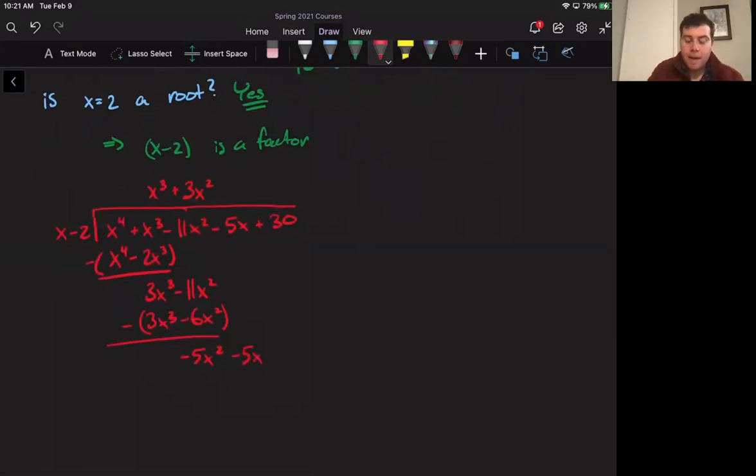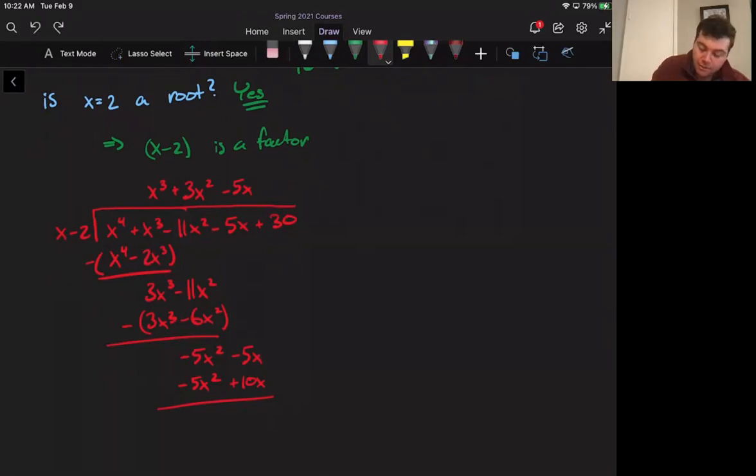Now, again, we want to match, so we need to subtract 5x in this case. That gives us negative 5x squared. And then we multiply that by negative 5, and we get 10x. Oh, my apologies. It won't be 5x.